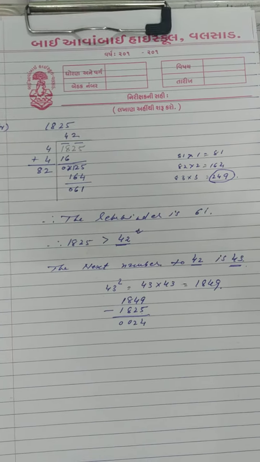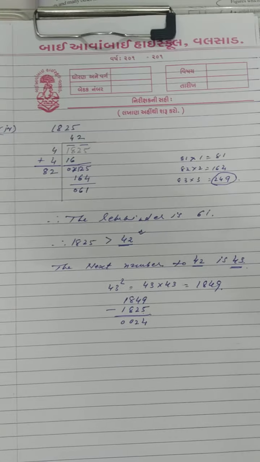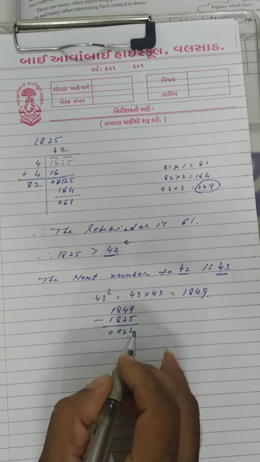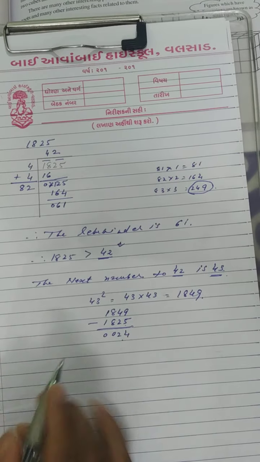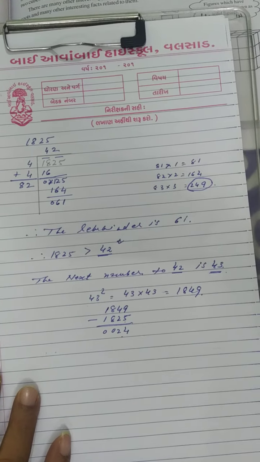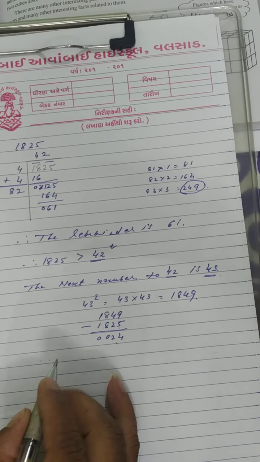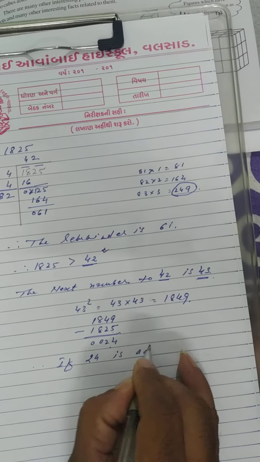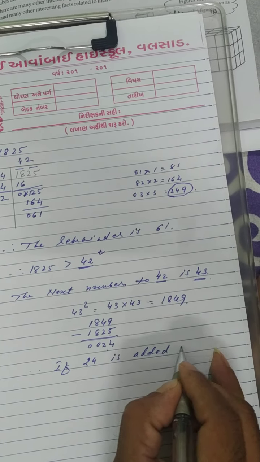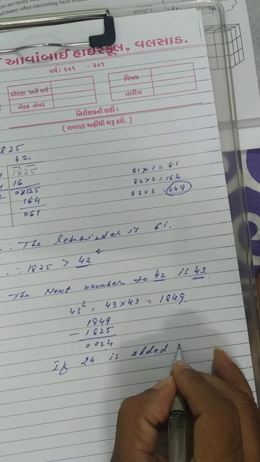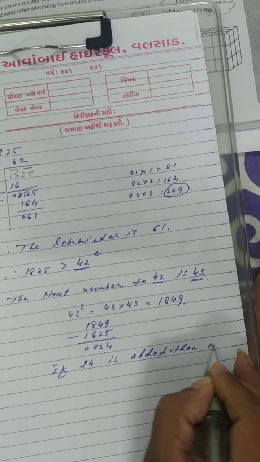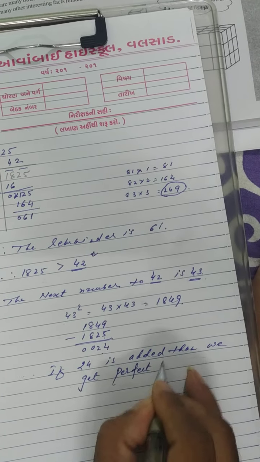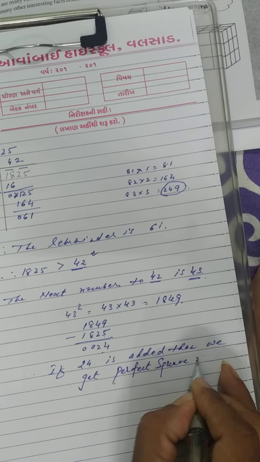So we can say at least we must add which number? 24, right? What we have to add? 24, right? So we get a perfect square number. So if 24 is added, then we get a perfect square number.